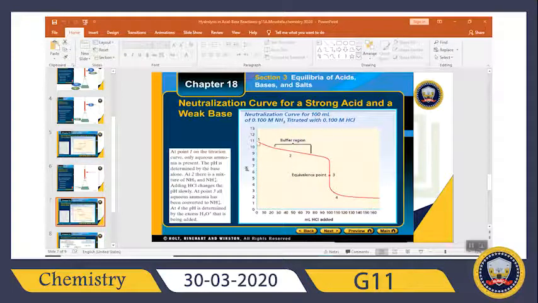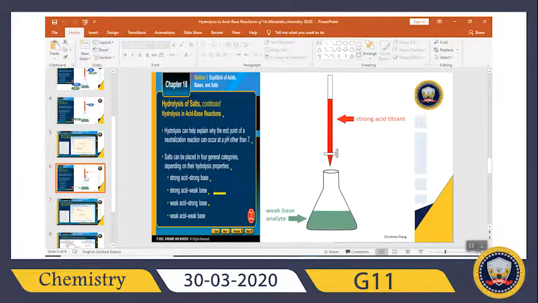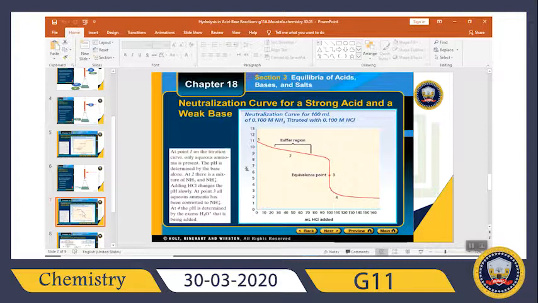In this reaction, you will start with the weak base, which is analyte, and you start with aqueous solution of ammonia. So the pH will be alkaline. Okay, and you will add the acid, but this area, like before, is the buffer area until the state of equivalence, the point of equivalence.